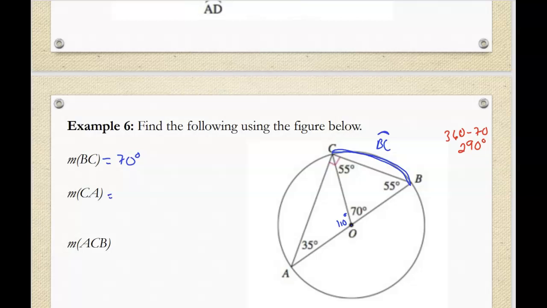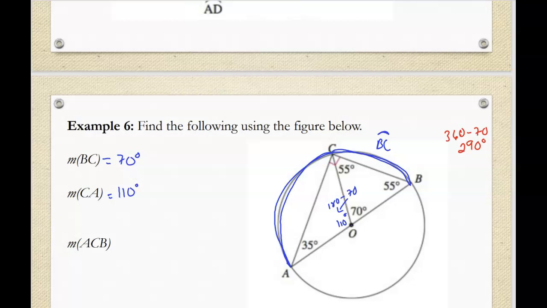The measure from C to A, arc CA, right here, again, we found the angle of this by taking 180 minus 70 to get here, and so that's going to be 110 degrees.